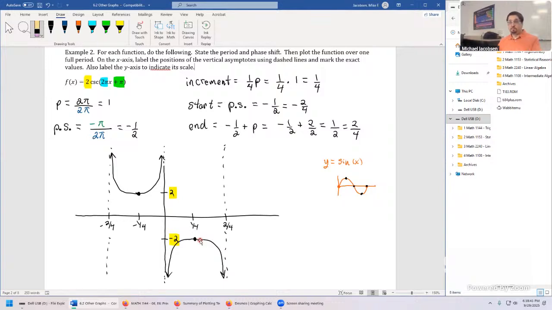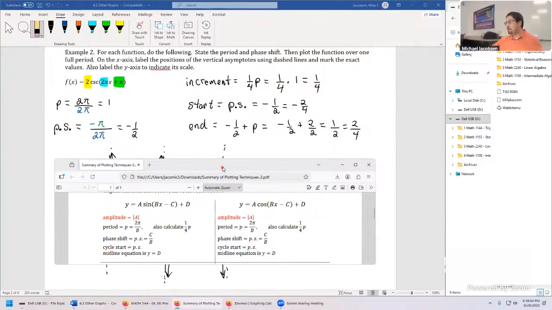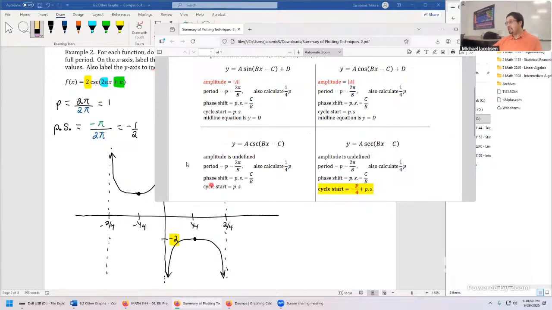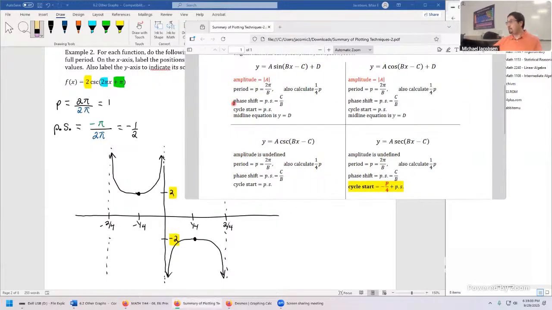But that's one down. Plotting sine and cosecant are kind of fun in a way because they go together so well. For the information on sine, if we extend it down to cosecant, notice there's not a lot of difference, aside from the amplitude being undefined as the major thing. But the rest of the cookbook for plotting it is essentially the same stuff as you see right above.